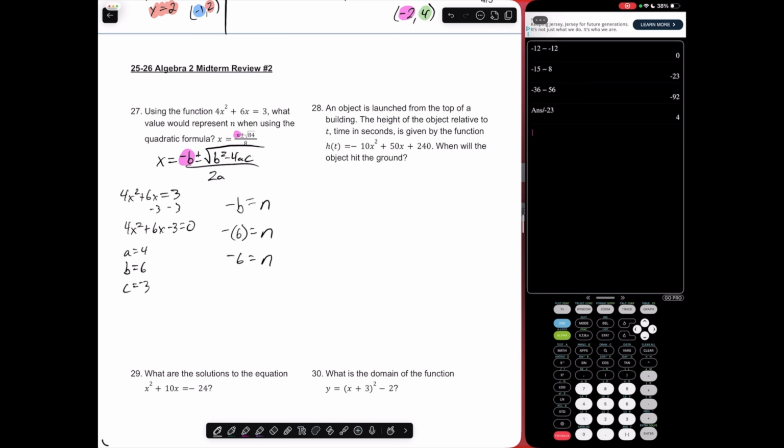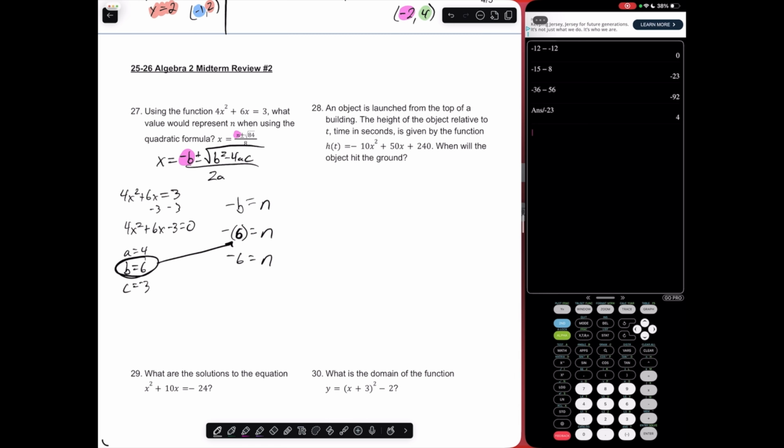Right. This is kind of a tricky question in the sense that they're asking about n, which is in the place of a b, but we can't forget about this negative here. So they're not asking what is b, they're asking what value would be in place of n. Be careful with this. This b is 6. So you can plug that in here. The 6 and the b look the same.